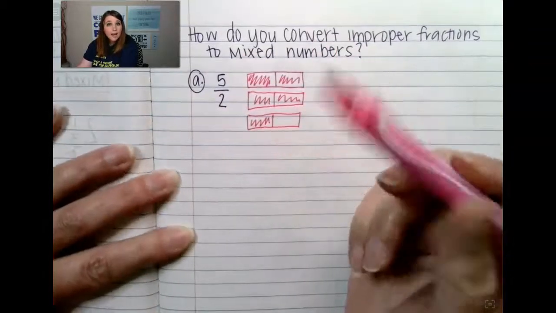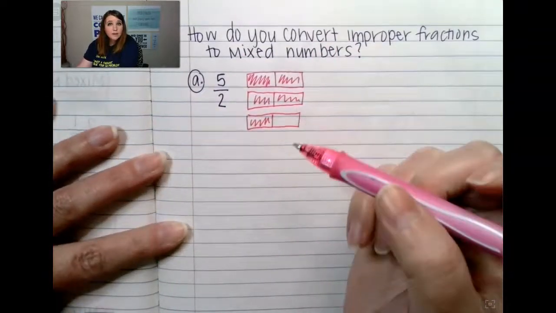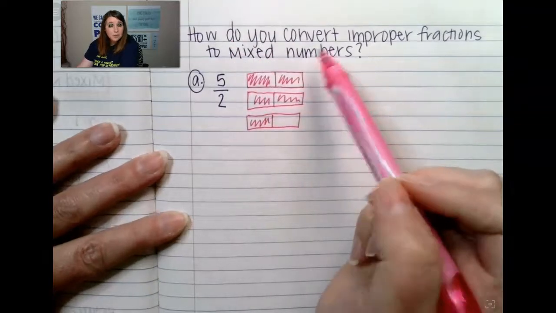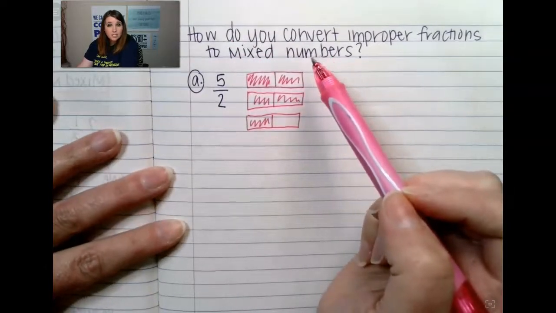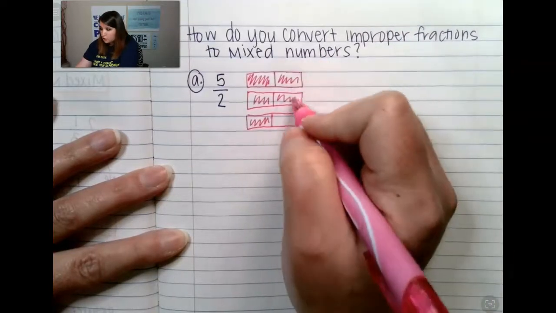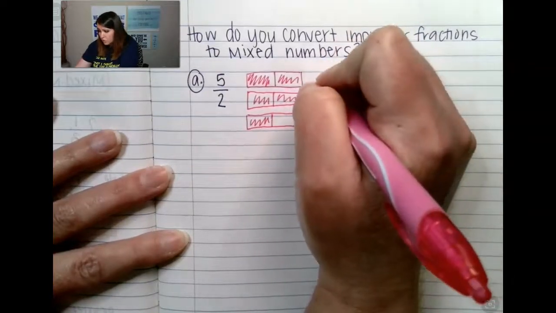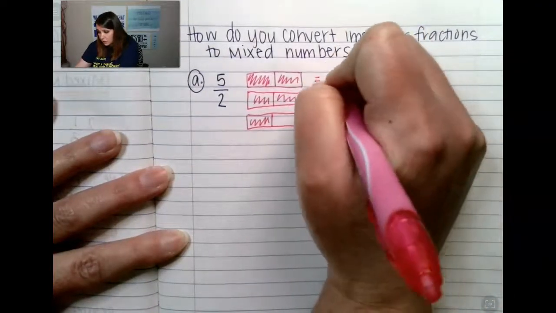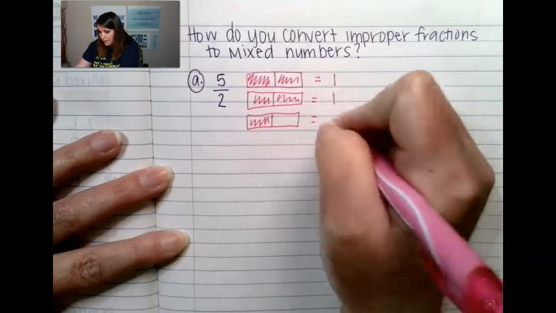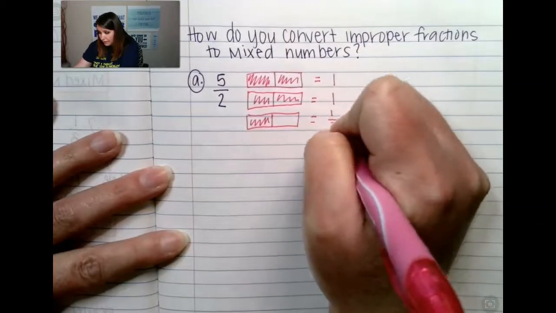So in reality, in order to find out how it is as a mixed number, putting it back to a real life fraction, this would look something like 2 wholes, because I have 2 wholes colored in. So here's a whole, here's one whole, and then here is a half colored in.